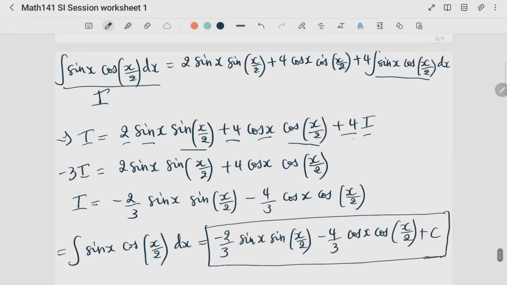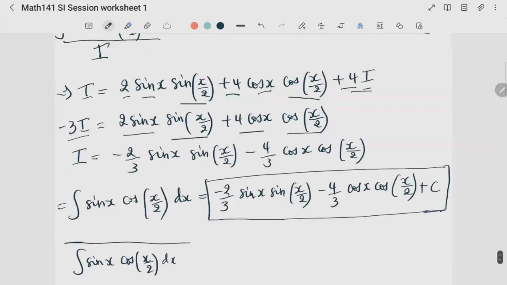When you take the plus 4I to the left-hand side, you have negative 3I is equal to 2 sine x times sine x over 2 plus 4 cos x times cos x over 2. You divide by negative 3 on all sides, and you get this expression as your answer.